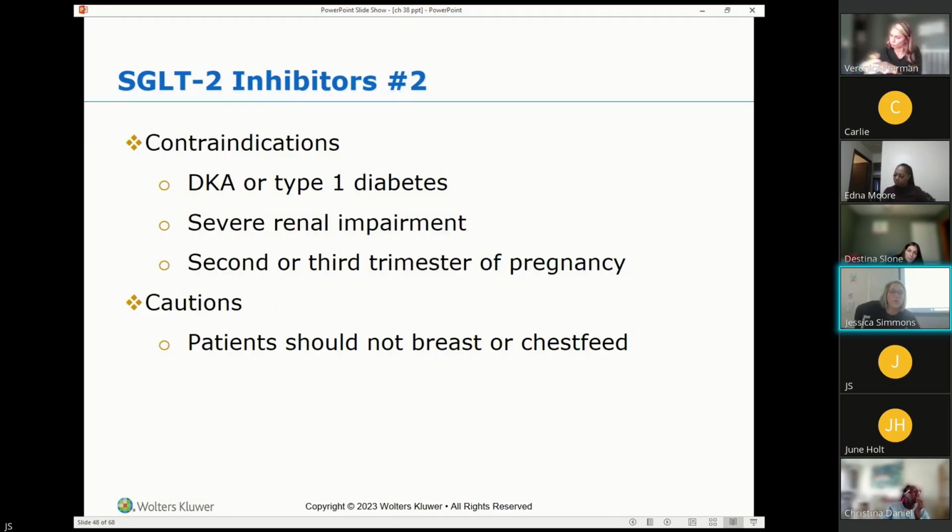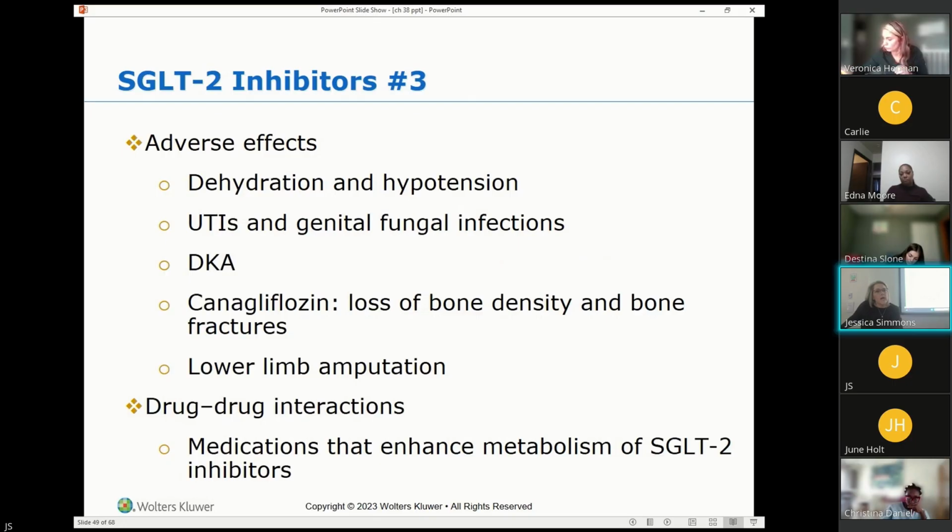Severe renal impairment, because it literally depends on not reabsorbing glucose. So you need renal function to be able to use this drug. Adverse effects include dehydration and hypotension, UTIs and genital fungal infections, DKA. If you have a lot of glucose in your urine, what is yeast really like?